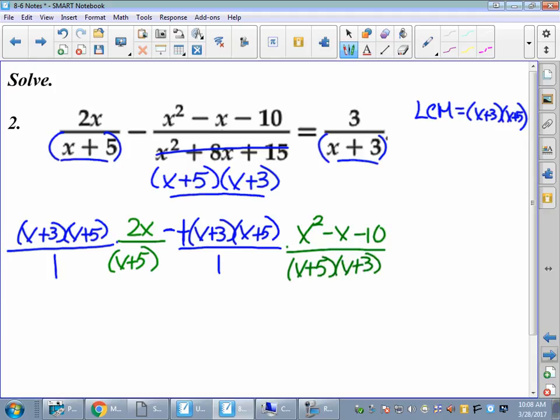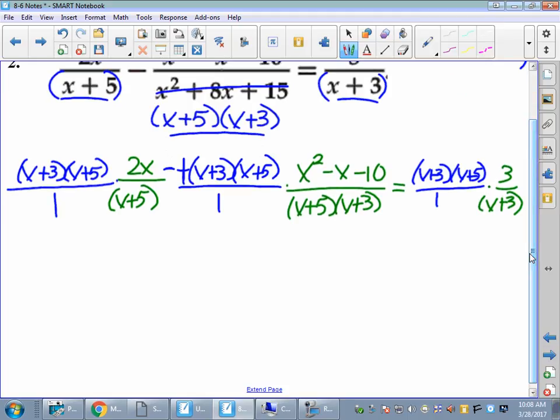One more time. This equals x plus 3 times x plus 5 all over 1 times 3 over x plus 3. Now I know it takes some time, but if you show good work, it's a lot easier. So be neat about that step.